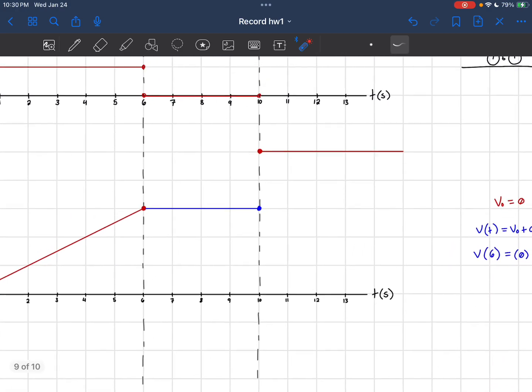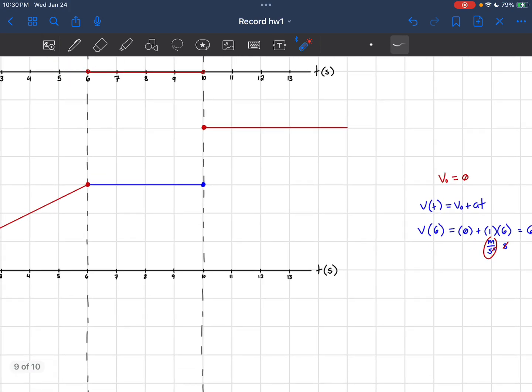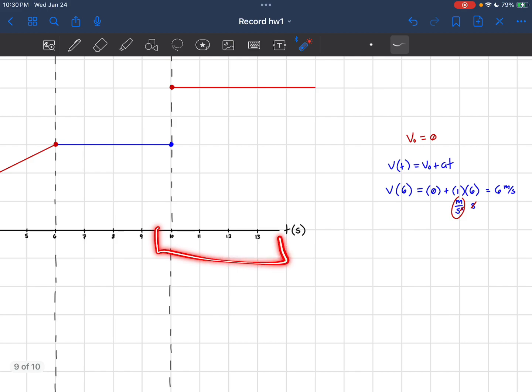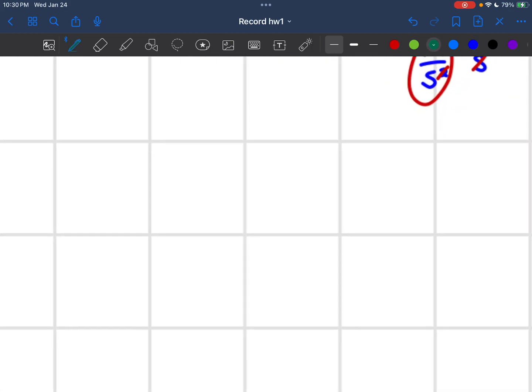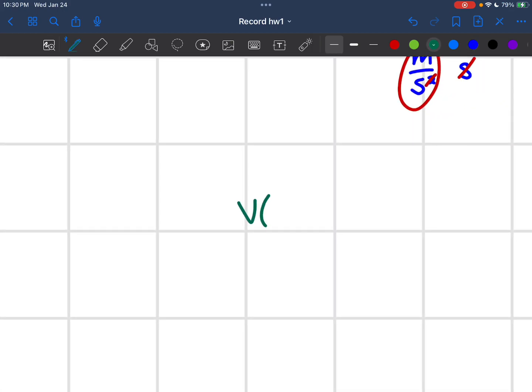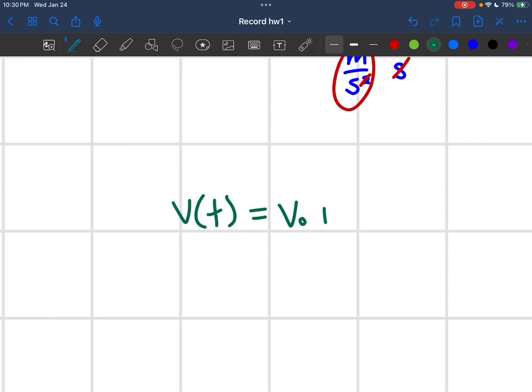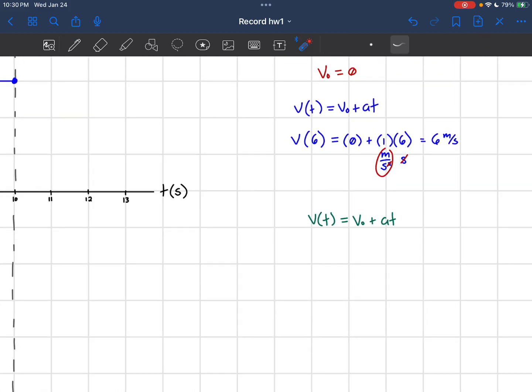So moving right along, now we need to figure out this last little chunk of time. What this is going to tell us is how long it takes to slow back to a stop. So again, I'm going to write out V of t is V0 plus AT. But this time, we're not solving for my velocity given a known time.